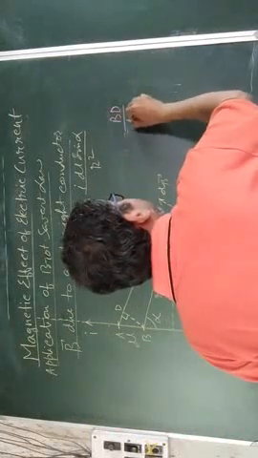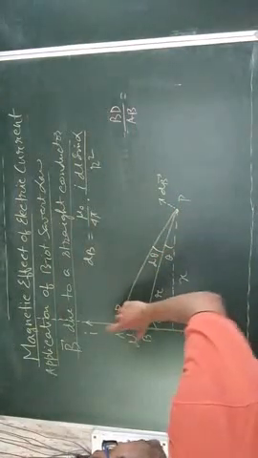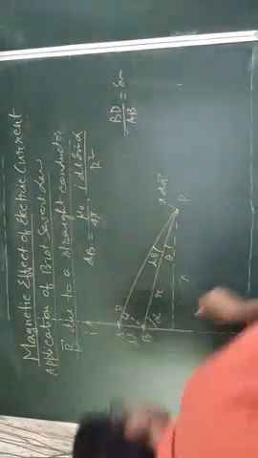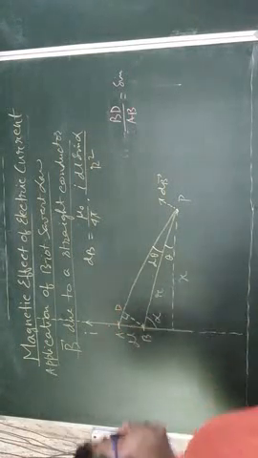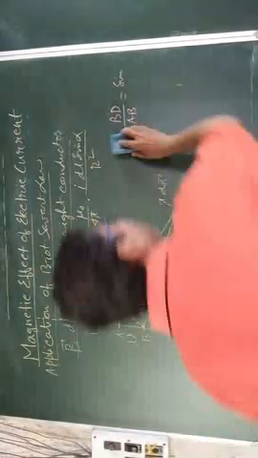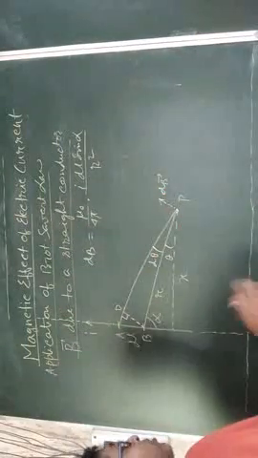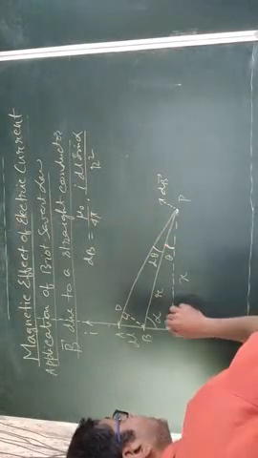BD by AB. BD by AB. That is sine of BD. Forget about that. Now this is theta, this is 90 degree.